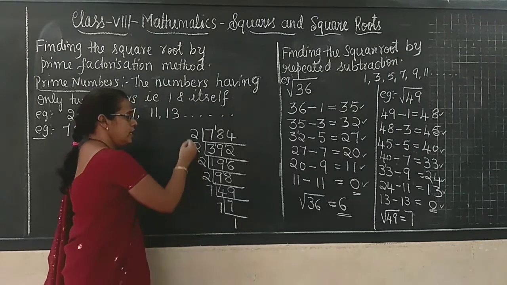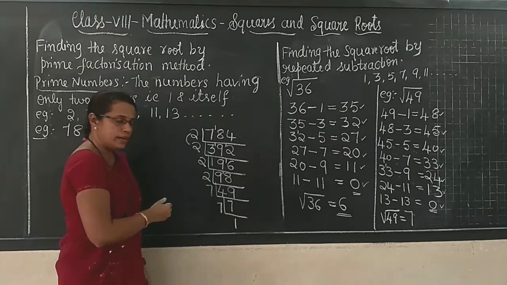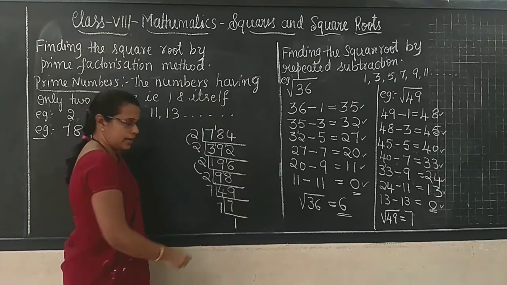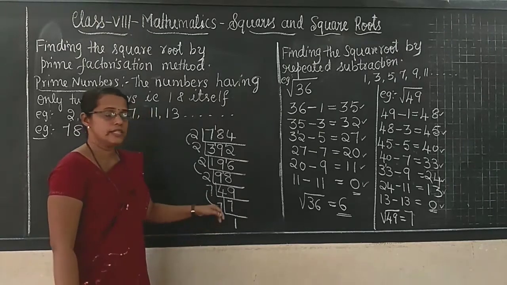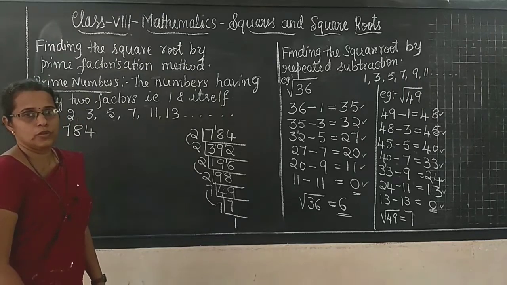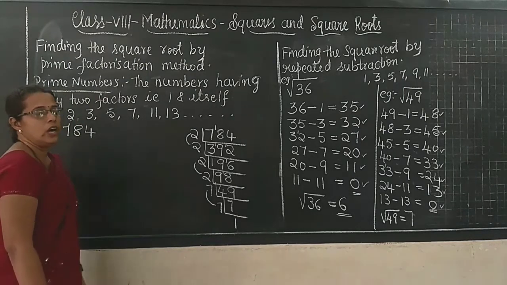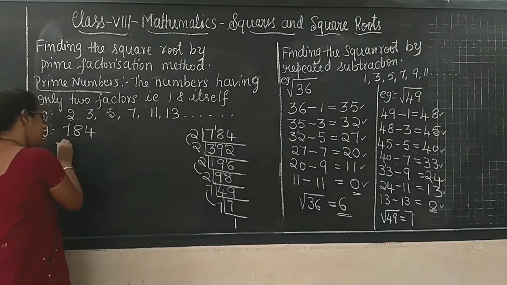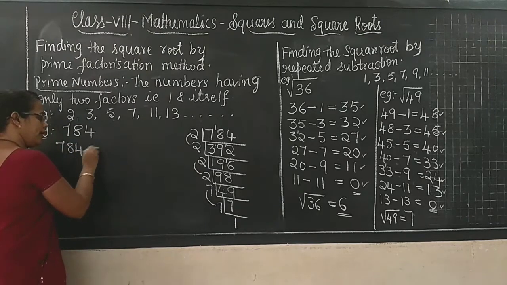Now see here, children, 2 and 2 are partners, and 7 and 7 are partners, which means it is exactly a perfect square number. So pairing should be there. Now, how to find the square root of 784?